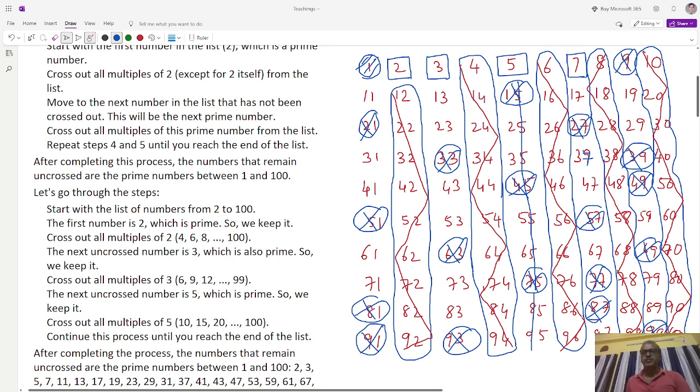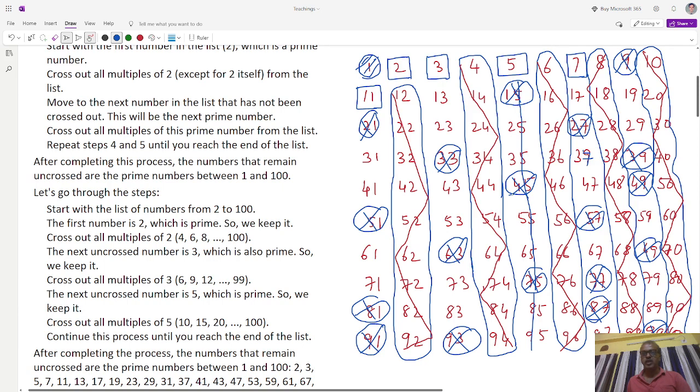So after 7, the immediate remaining number which has not been crossed out is 11. So put it in a box. This is a prime number, and 11 twos are 22, 33, 44, 55, 66, 77, 88, 99.